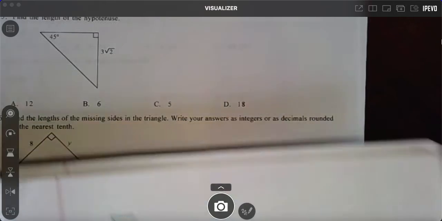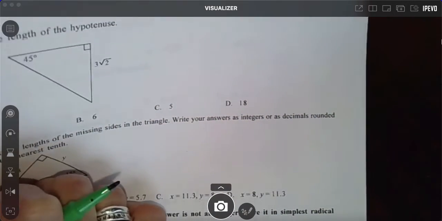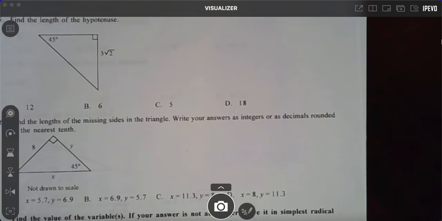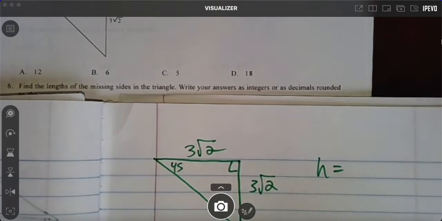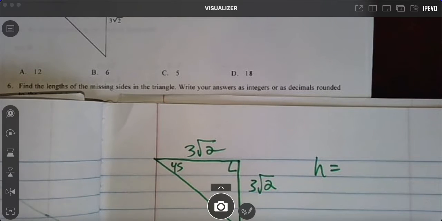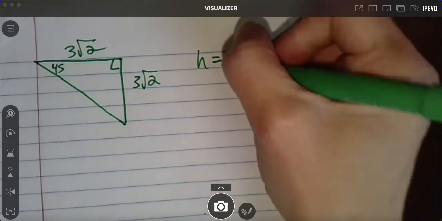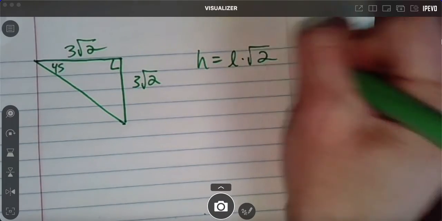The hypotenuse equals the leg times the square root of 2. Yes, it's the leg times the square root of 2. So hypotenuse equals the leg times the square root of 2.